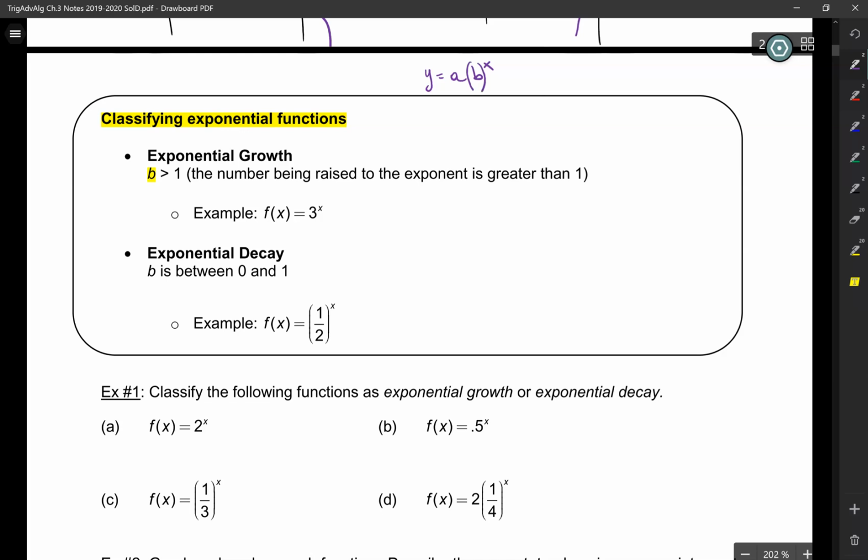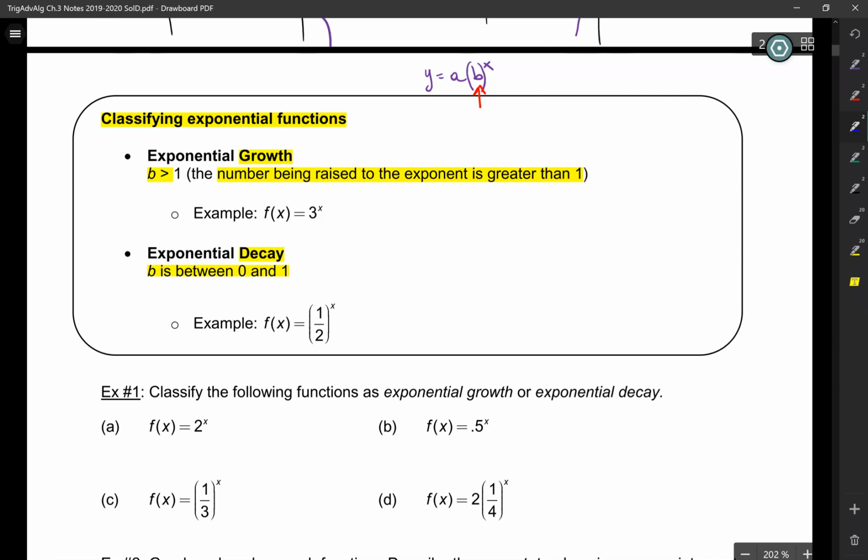So what you have to do is look at the equation and single out the number that is being raised to the exponent. If that number is greater than 1, then it's exponential growth. If that number b is between 0 and 1, it's exponential decay.